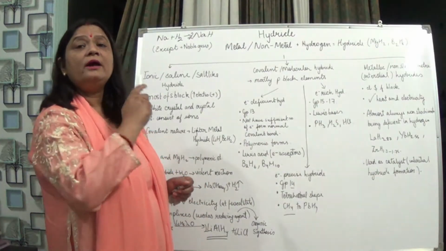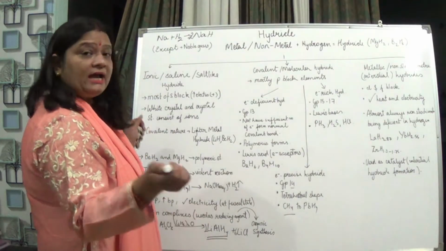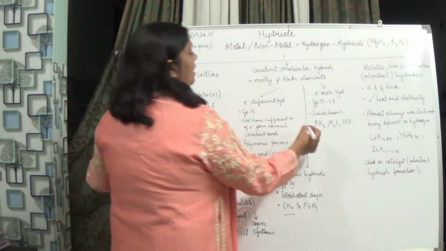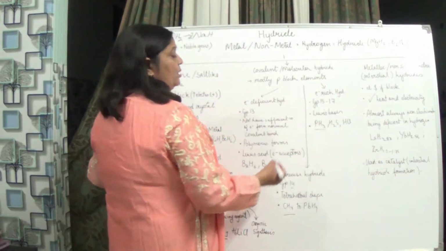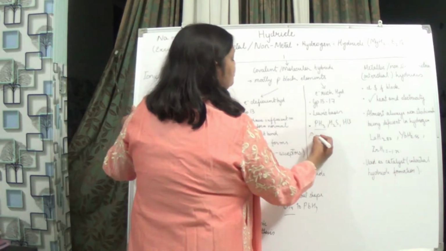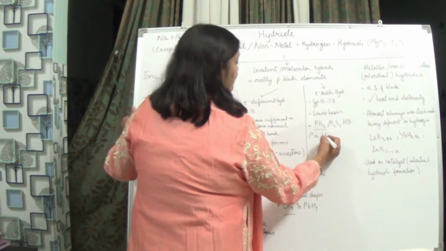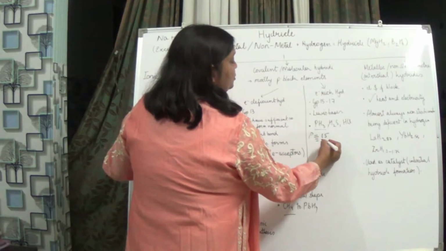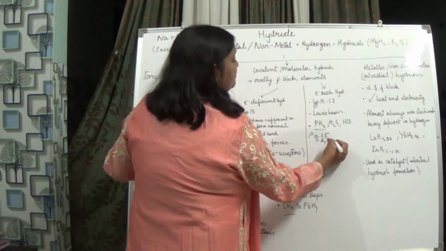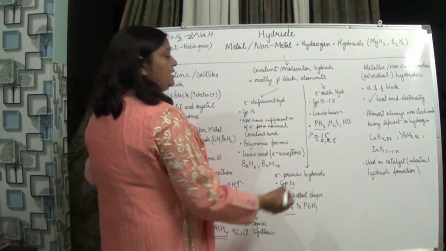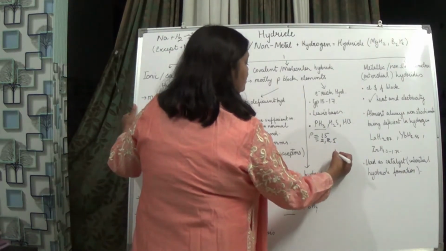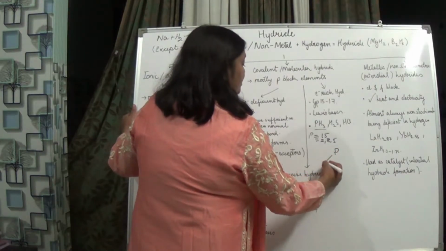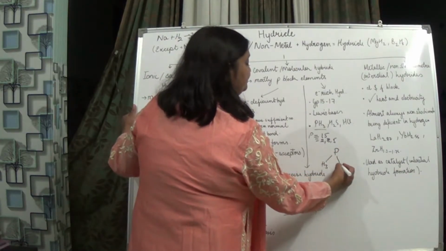Let us understand with the example of phosphorus hydride. We all know the atomic number of phosphorus is 15. So now do the configuration: 2, 8 and 5. So here see the bond formation for phosphorus, PH3. Here you are seeing what?